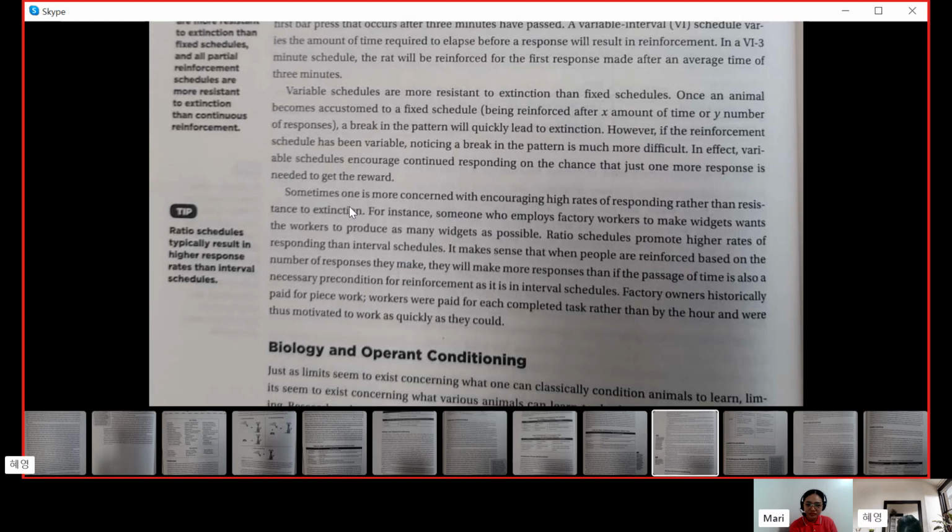It makes sense that when people are reinforced based on the number of responses they make, they will make more responses than if the passage of time is also a necessary precondition for reinforcement, as it is in interval schedules. Factory owners historically paid per piece work. Workers were paid for each completed task rather than by the hour and were thus motivated to work as quickly as they could.